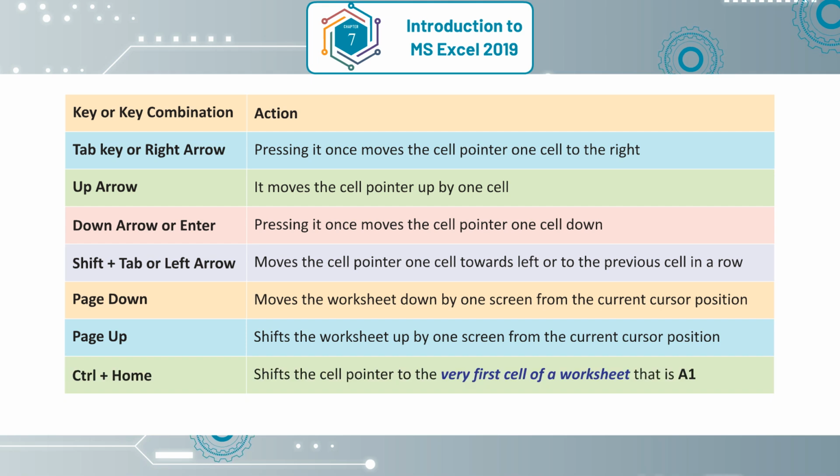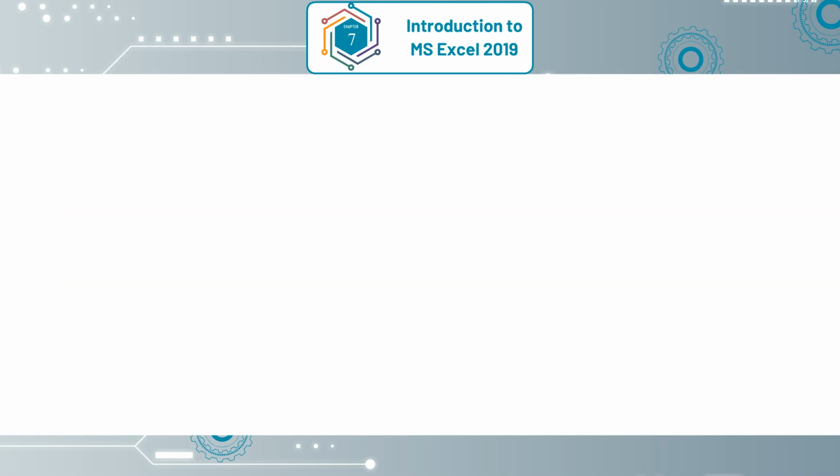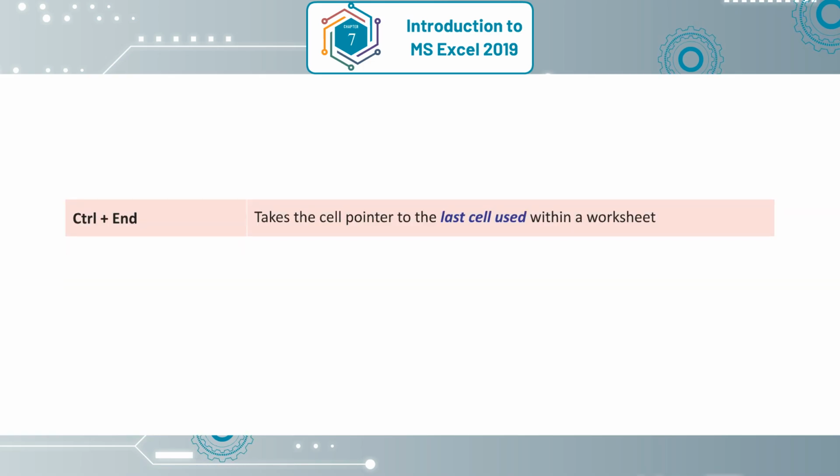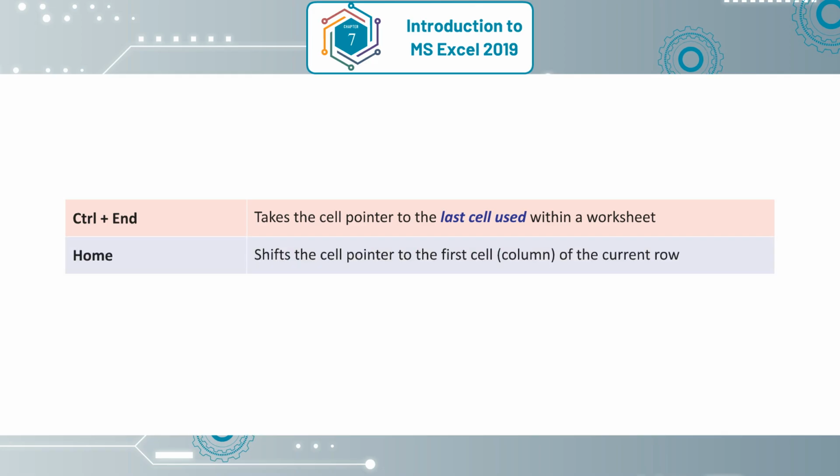Control plus Home shifts the cell pointer to the very first cell of a worksheet, that is A1. Control plus End takes the cell pointer to the last cell used within a worksheet. Home shifts the cell pointer to the first column of the current row.